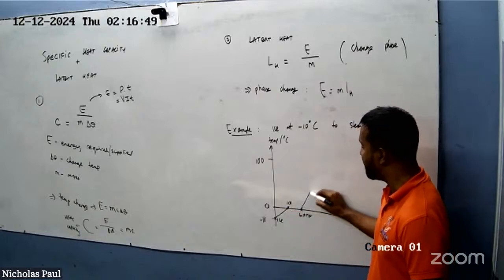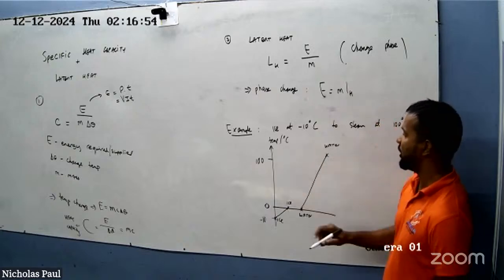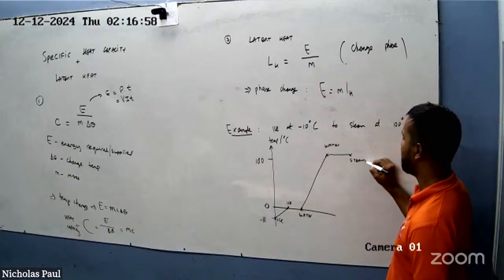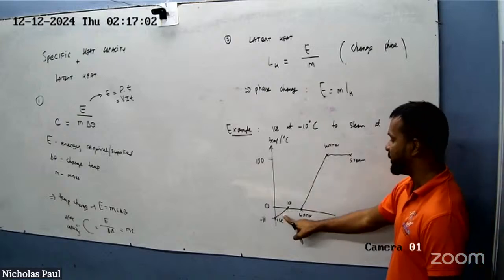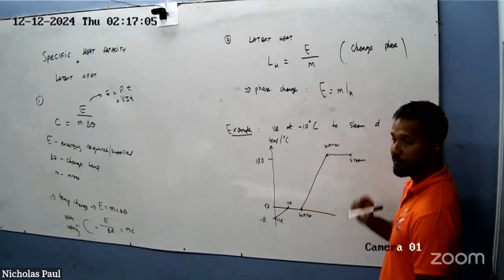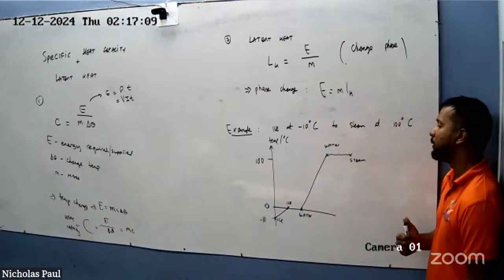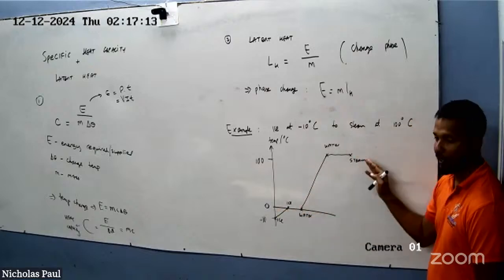If you heat it further, it becomes water at 100. If you heat it even further, it becomes steam at 100. So it underwent a temperature change, phase change, temperature change, phase change. And technically, the same power is being delivered for it to reach all of these.